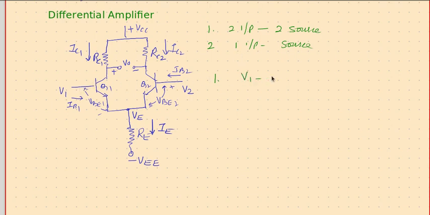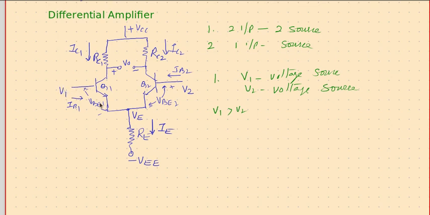So V1 is a voltage source, V2 is another voltage source. The whole functioning of this circuit depends on the magnitudes of V1 and V2. So let's assume V1 is greater than V2 and see what would happen.